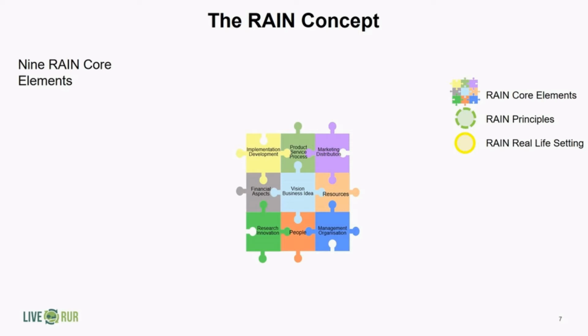The 9 elements comprise vision, that is, the business idea, product, service and process, people, resources, management or organization, financial aspects, marketing and distribution, research and innovation, implementation and development.